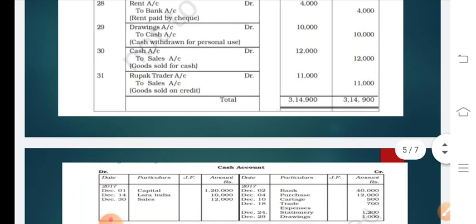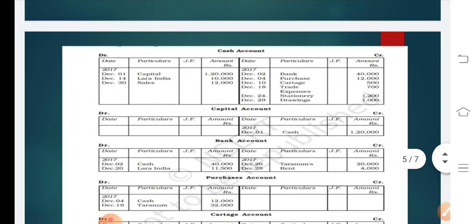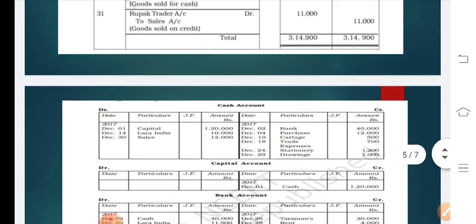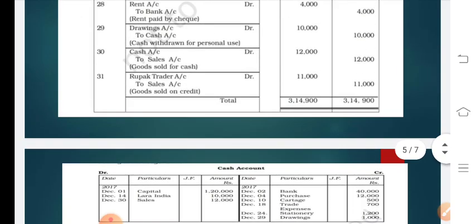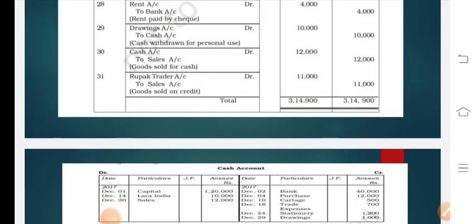Since cash is debited here, we'll go to the debit side of cash account to sales account 12,000. And the last we have is Rupak Traders to sales and Rupak Traders. We do not have any cash transaction here, so we'll not record this in cash.